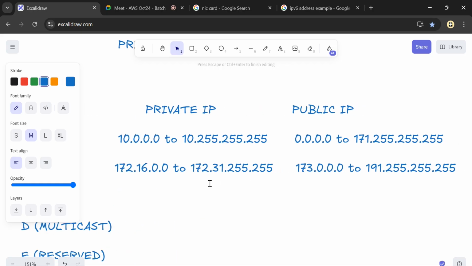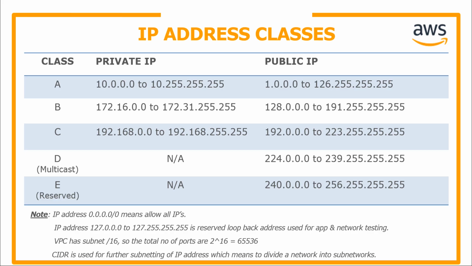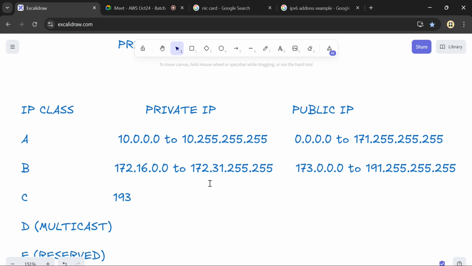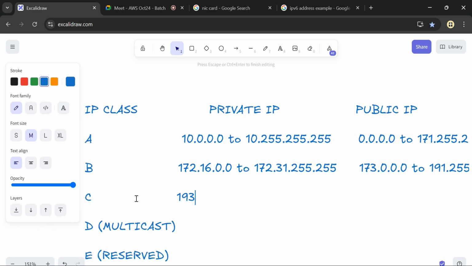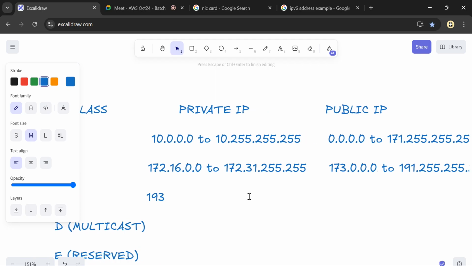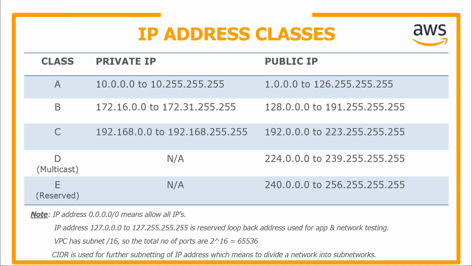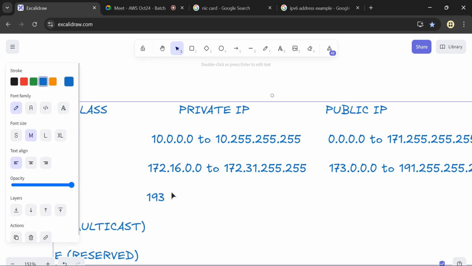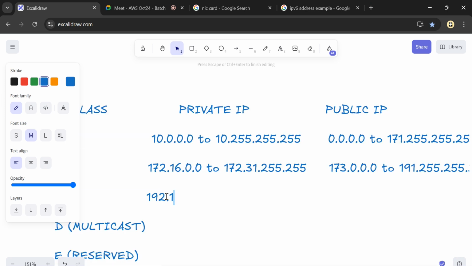Then after this, we will be having 193, I guess. Let me check. Sorry, my bad. There will not be any private IP in class D. That is something in class C. So the private IP will be 192.168.0.0 to 192.168.255.255.